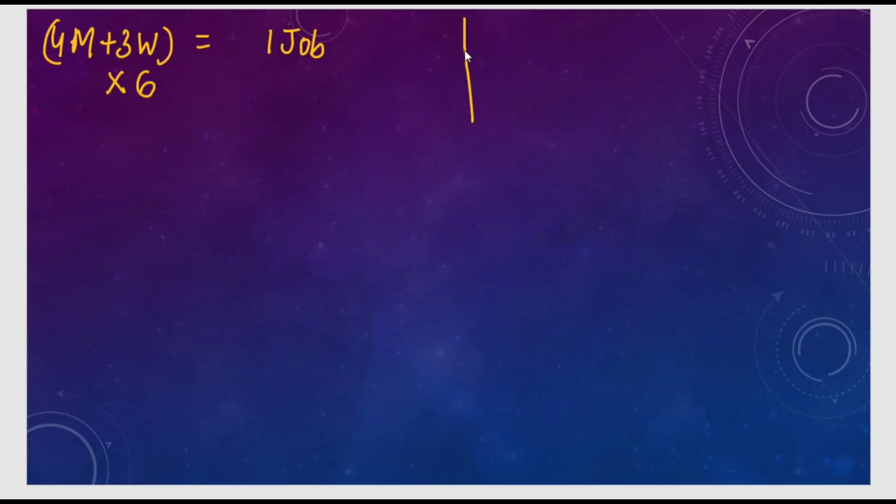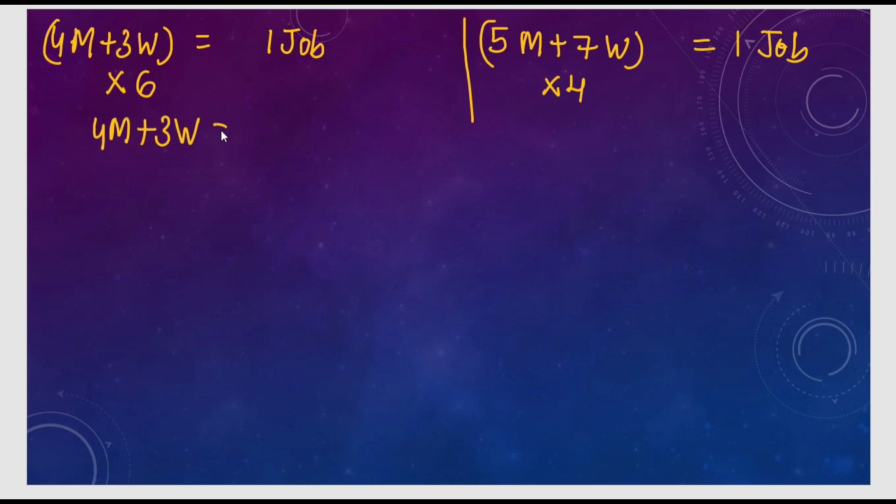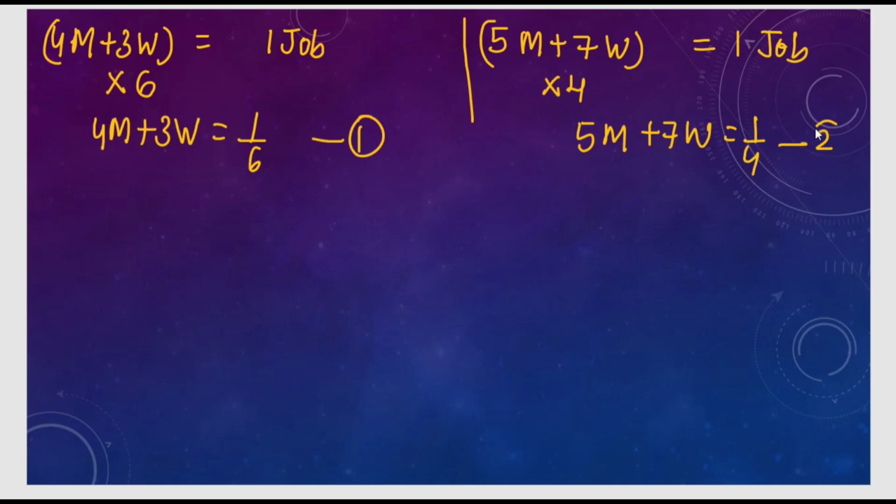Another combination is what? 5 men and 7 women doing the same one job in how many days? 4 days. So what will be my one job equation? It will be 4 men plus 3 women is equal to 1 by 6. And here what will I get? 5 men plus 7 women is equal to 1 by 4. Now you got two equations, equation number 1 and equation number 2.